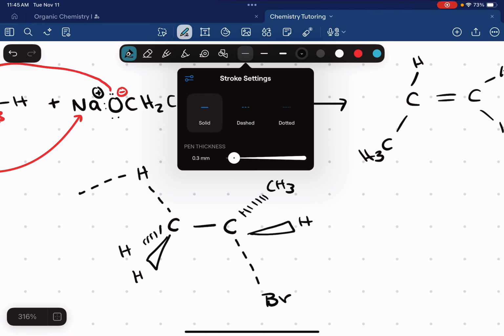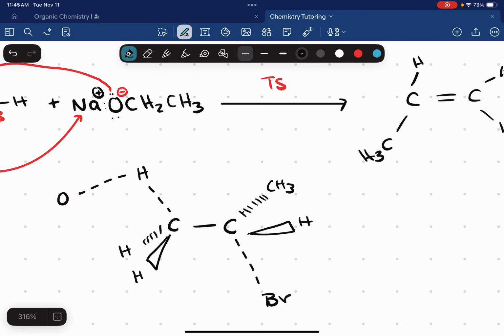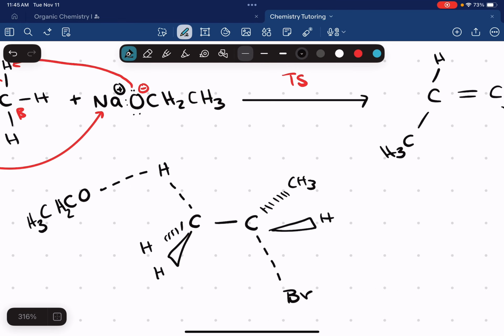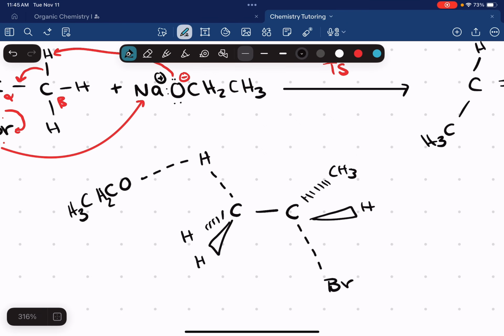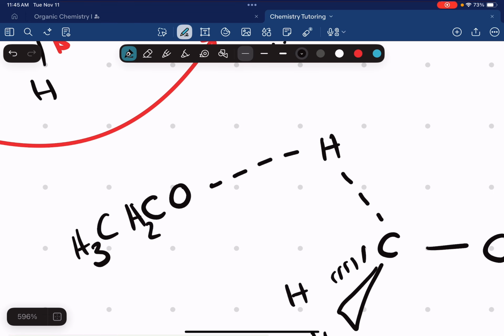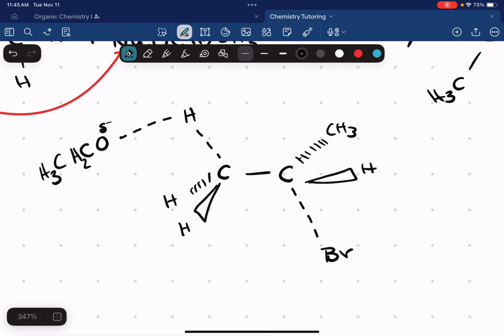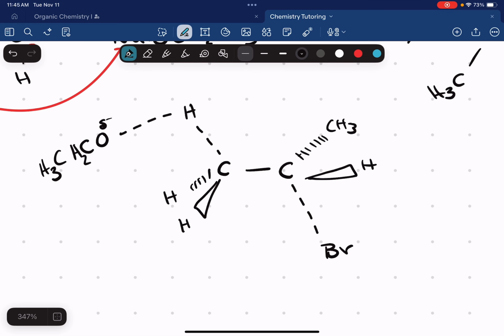Good Lord. We've got oxygen, CH2, CH3. So oxygen was negative, right? So it's going to have a partial negative till it picks up the hydrogen, then it won't be negative anymore. But we don't really need to include that. I don't see that in my notes.